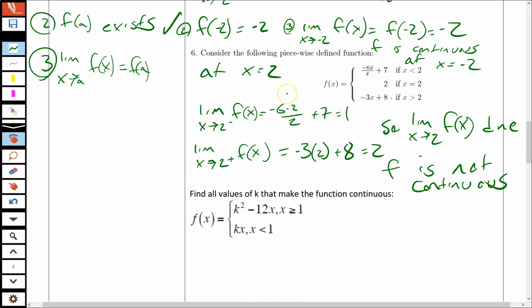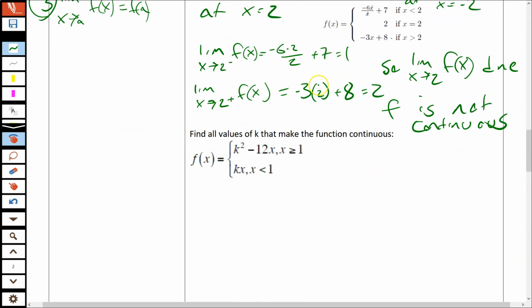Right, the last thing we can run into: values of k that make the function continuous. So I need the limit as x approaches 1 from the left of f of x to be equal to the limit as x approaches 1 from the right of f of x.